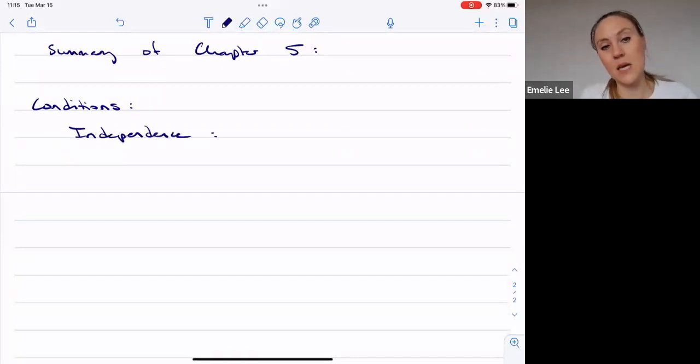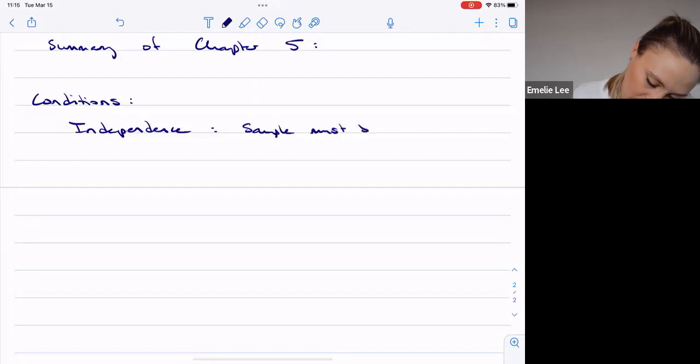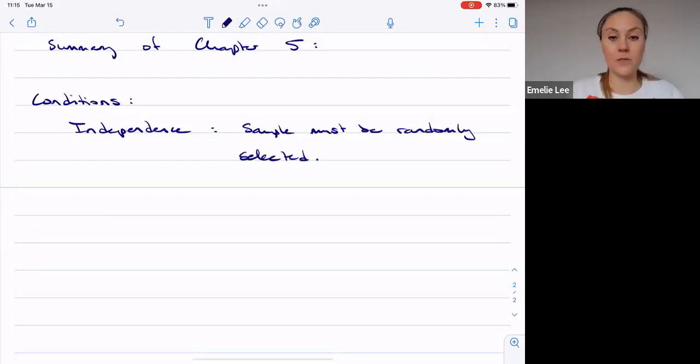Which is going to be the same in both cases, right? Confidence intervals or hypothesis testing. So for independence, the sample must be randomly selected. And we usually say that's enough to be able to assume that we have independence.